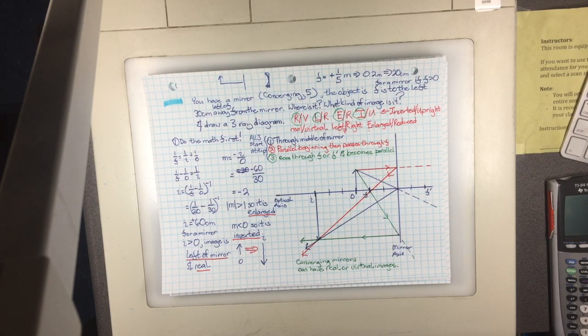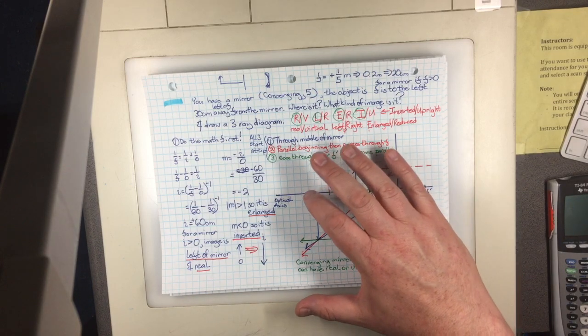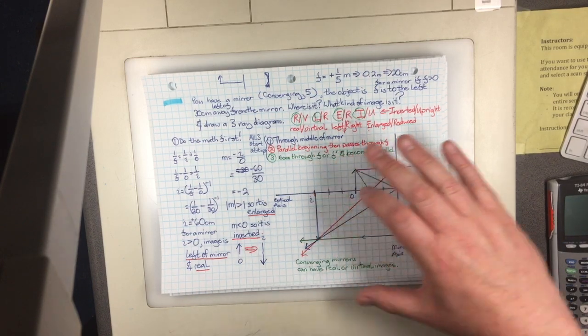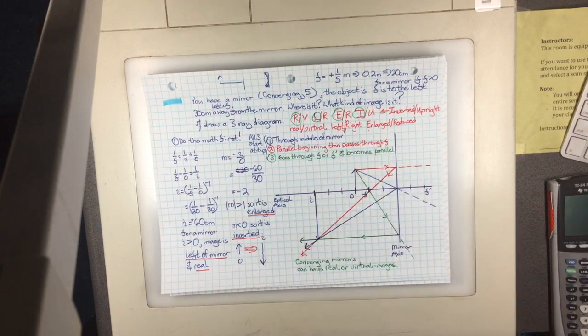They'll either produce real images or virtual images, one of the 2. It really depends on where the relationship of the object is with the focal point.